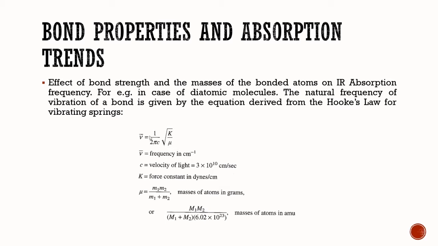So here, nu = 1 upon 2 pi c under root k by mu, where nu is the frequency, c is the velocity of light, k is the force constant or the bond strength, and mu is the reduced mass that is given by the formula m1 into m2 upon m1 plus m2. This is given in terms of grams. To convert it into atomic unit, we multiply Avogadro number.